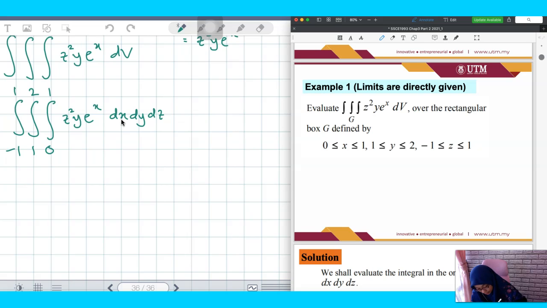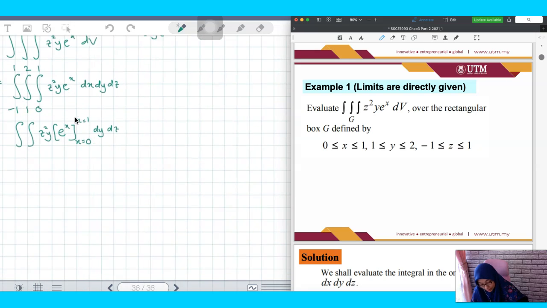Now, just like the double integral, we want to integrate with respect to x. In this case z squared y is constant, and we just integrate e^x with respect to x. We just have e^x, and then we replace x from 0 to 1.